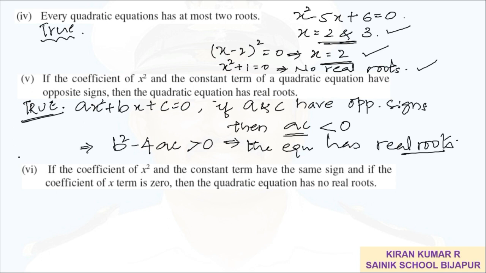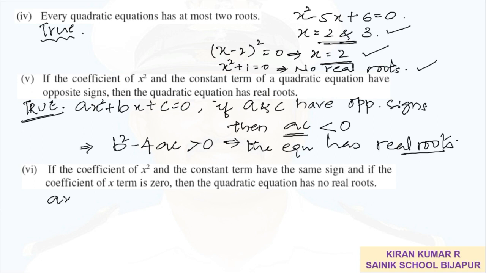The last statement, the sixth statement: if the coefficient of x square and the constant term have the same sign, and if the coefficient of x term is 0, then the quadratic equation has no real root. Is this statement true?